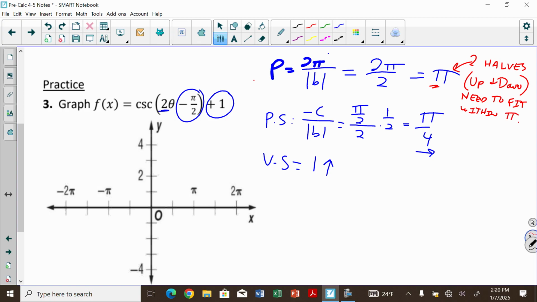One thing you might want to do is cut it in half for your vertical asymptotes.